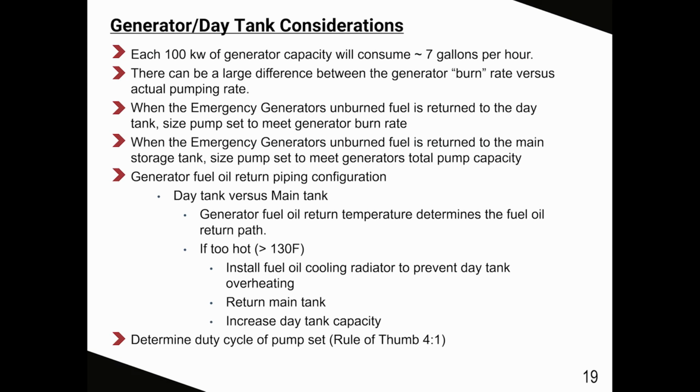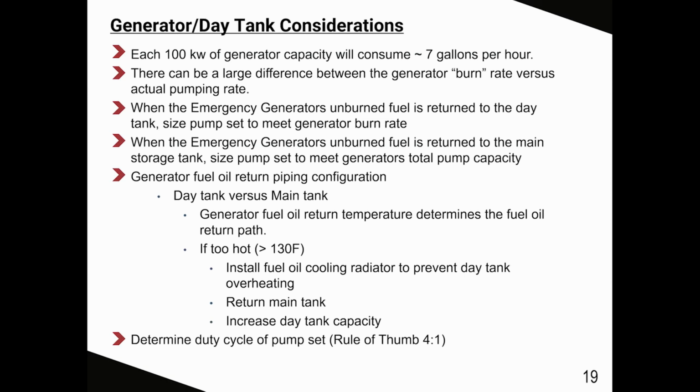Generators that are piped with a return line back to the day tank require a smaller flow rate, as the transfer pump set is sized for consumption. Generators with return piped directly back to the main tank require larger transfer pumps.